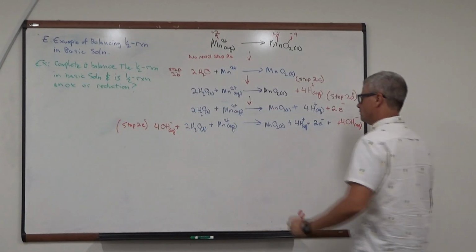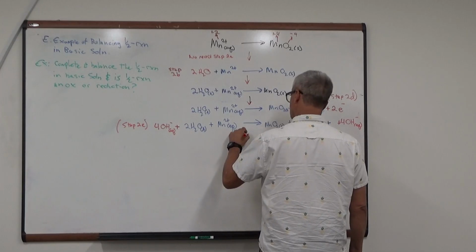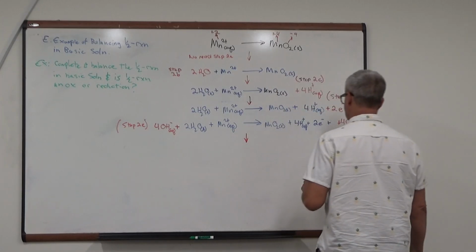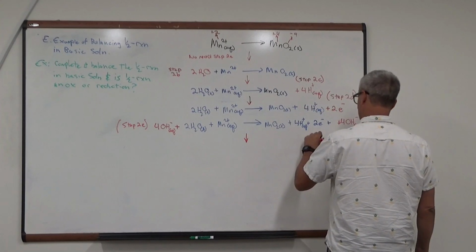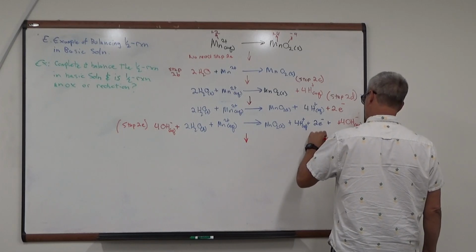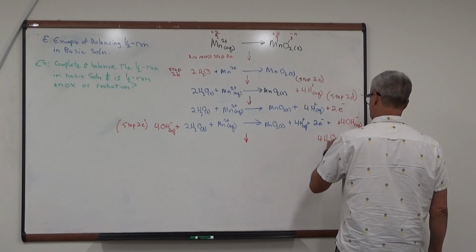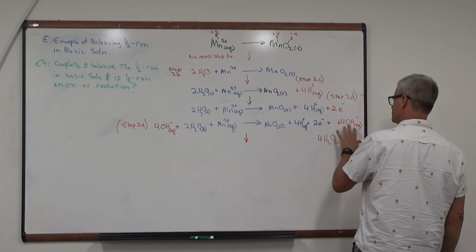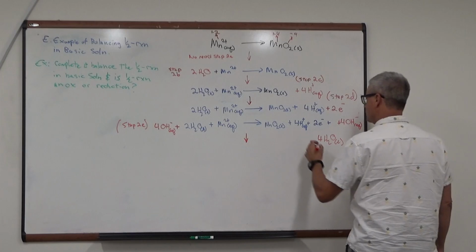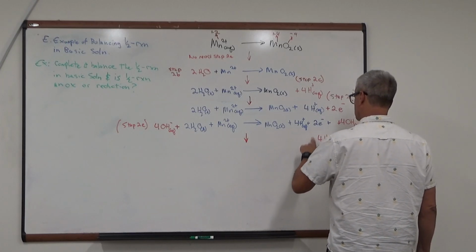Now what that means is you have 4 H2O liquids, since 4 protons and 4 hydroxides make 4 water molecules.